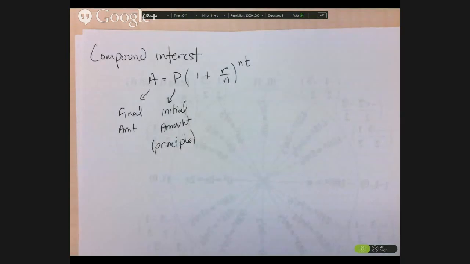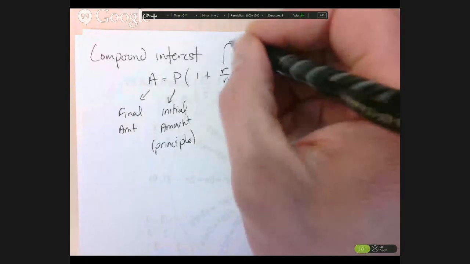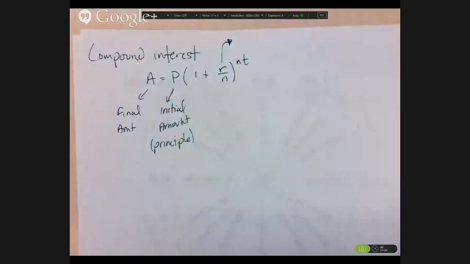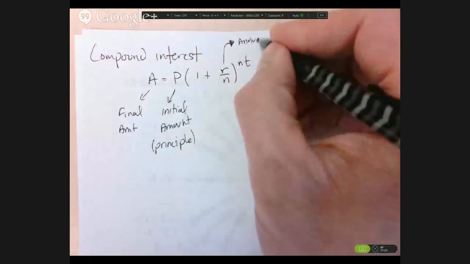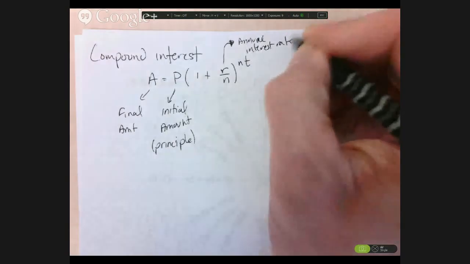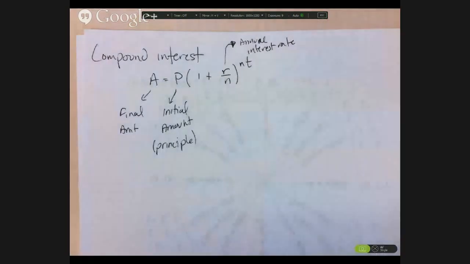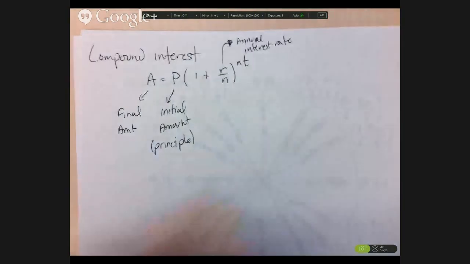So the formula is financially suited. So we call it principal. Our annual interest rate. Very rarely will they tell you monthly interest rates or anything of that nature. Be very wary if they do.